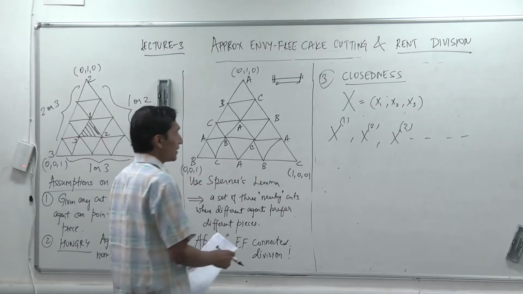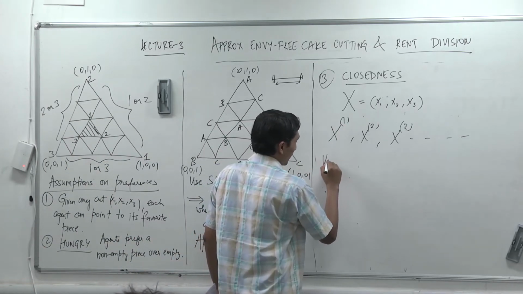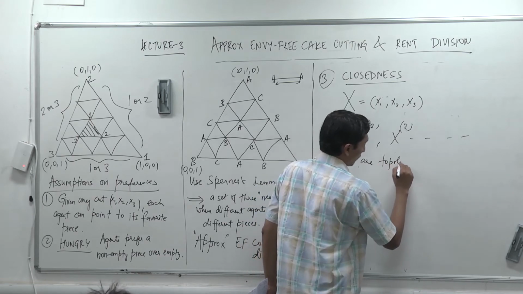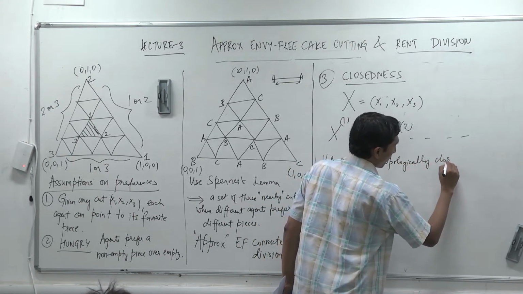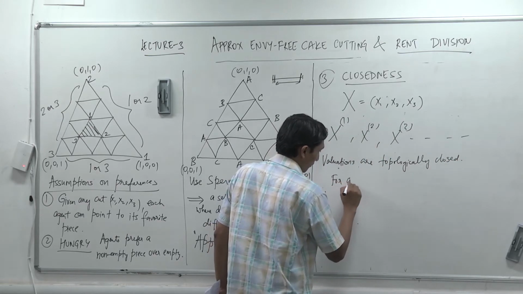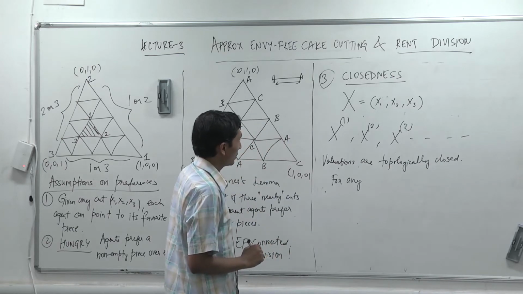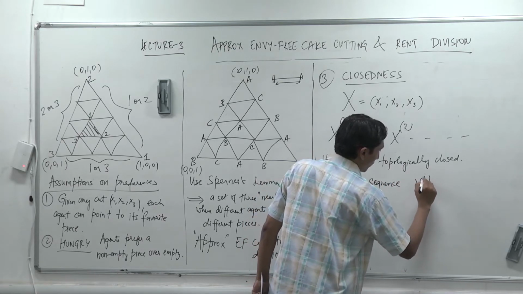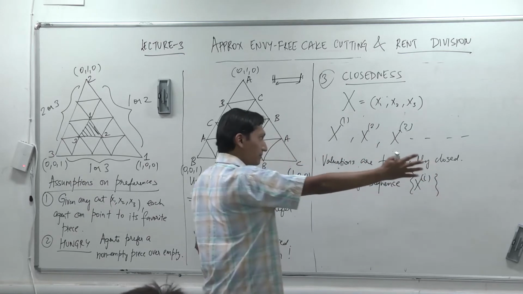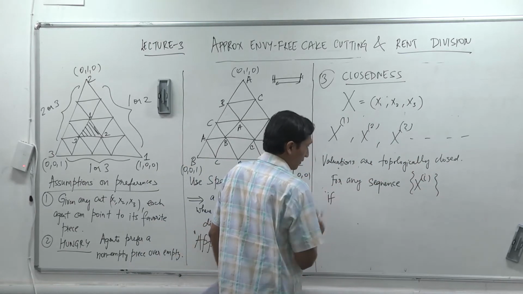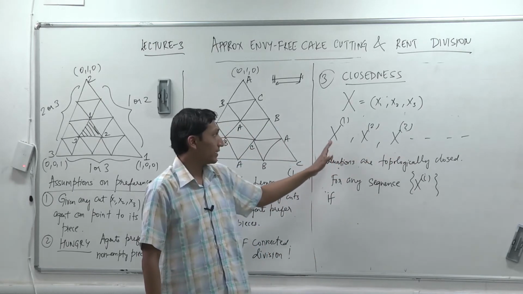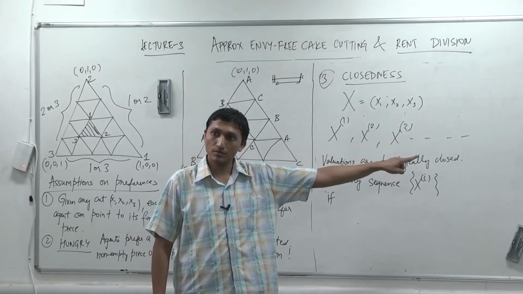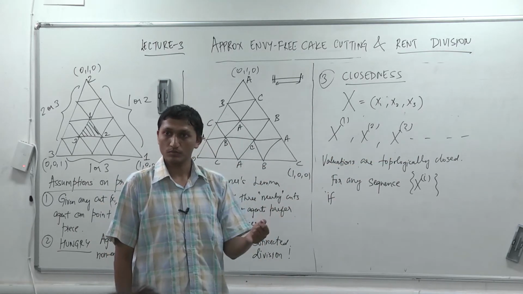This is just a formal way of saying that. So the assumption is that valuations are topologically closed, which means that for any sequence x1, x2 up to xn, if at each of those cuts player i prefers say piece 2, okay, at this cut it prefers piece 2, at this cut it prefers piece 2, then at the limiting point as well it should prefer piece 2, okay.